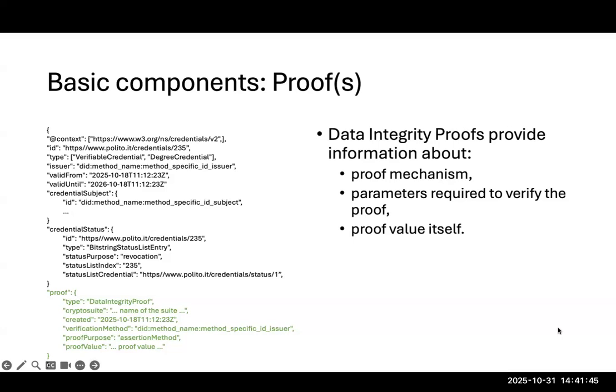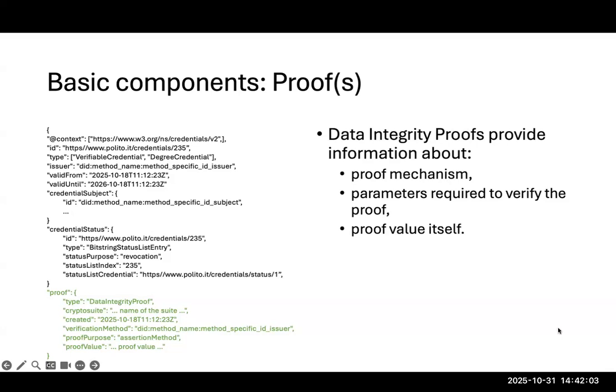Proof purpose is super important because we always have to specify the purpose of a signature and what is the meaning of that signature, and then the proof value.